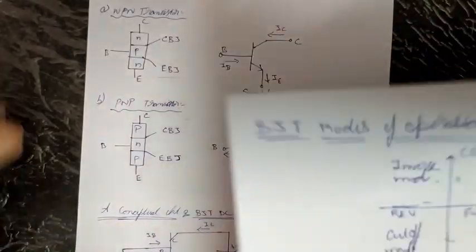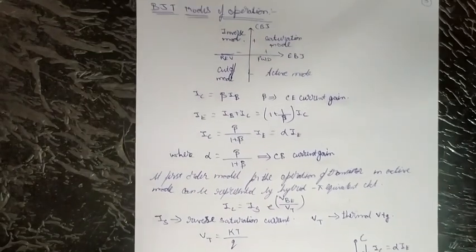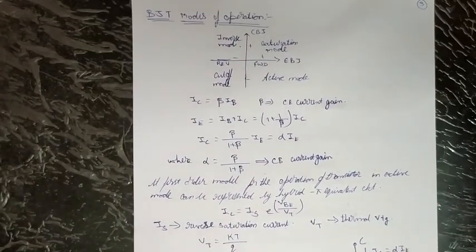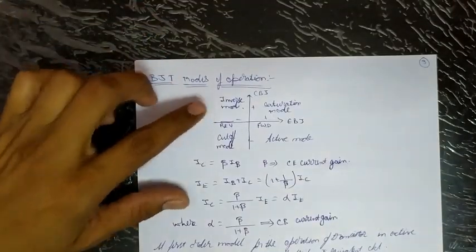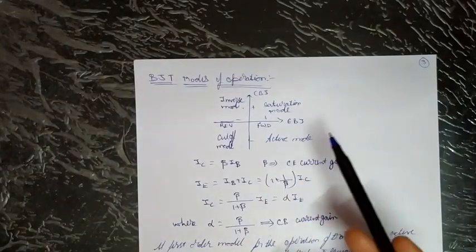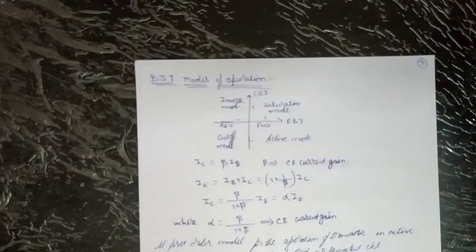Next we move on to BJT modes of operation. In BJT modes of operation we have four modes: one is inverse mode, second is cutoff mode, third is saturation mode, and fourth is active mode.